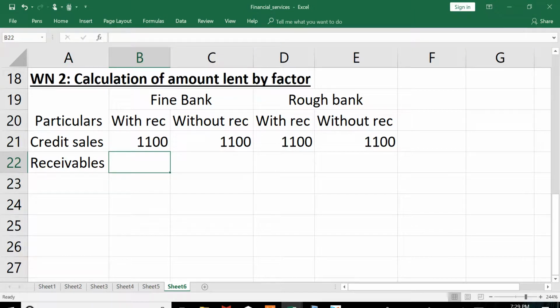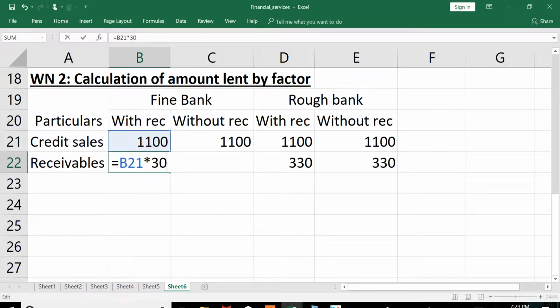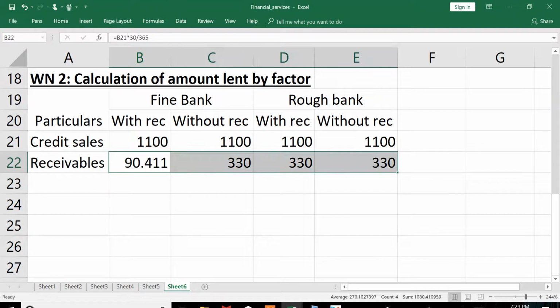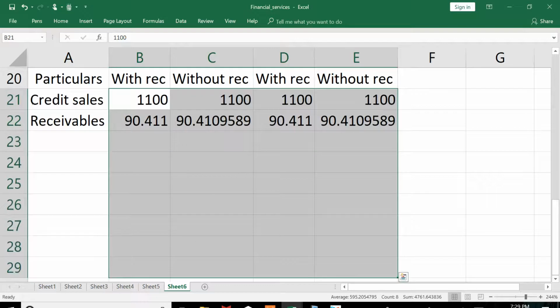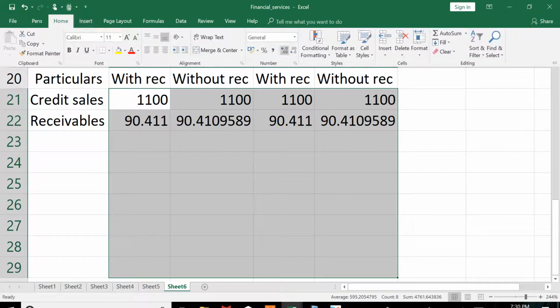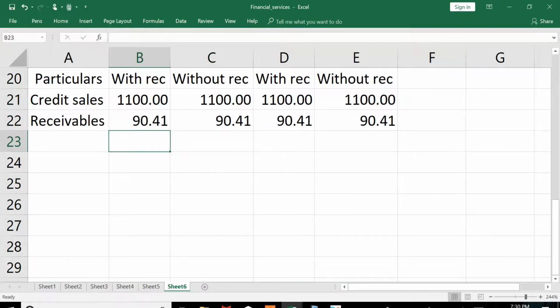How many days they are going to collect? Into 30 days by 365. I'm going to have a slight change in the format to get to the answer which is closer to the institute solution. So don't rush up.